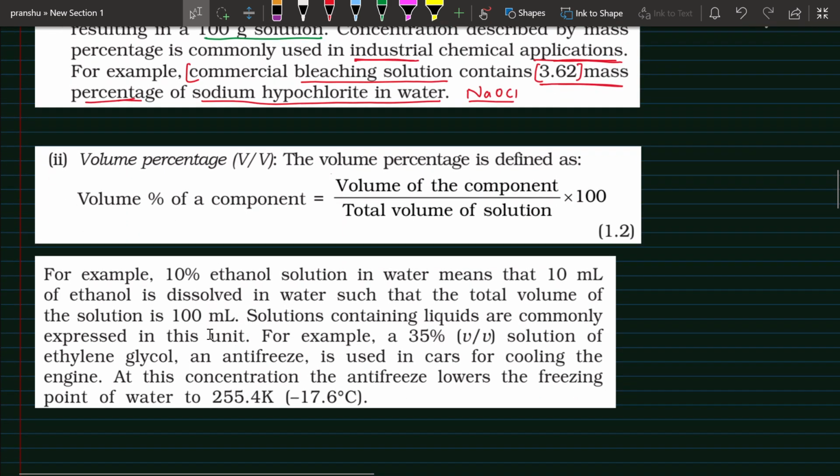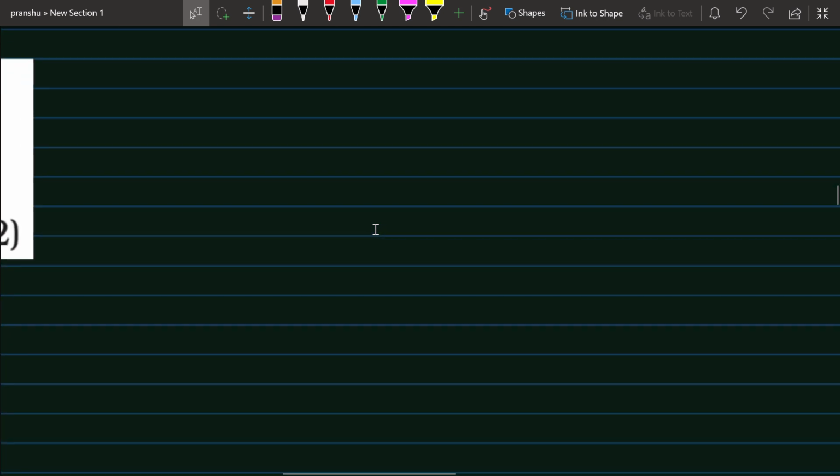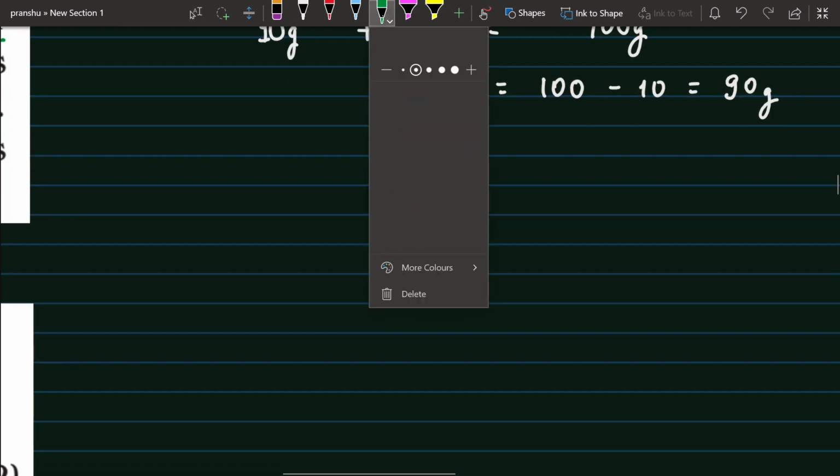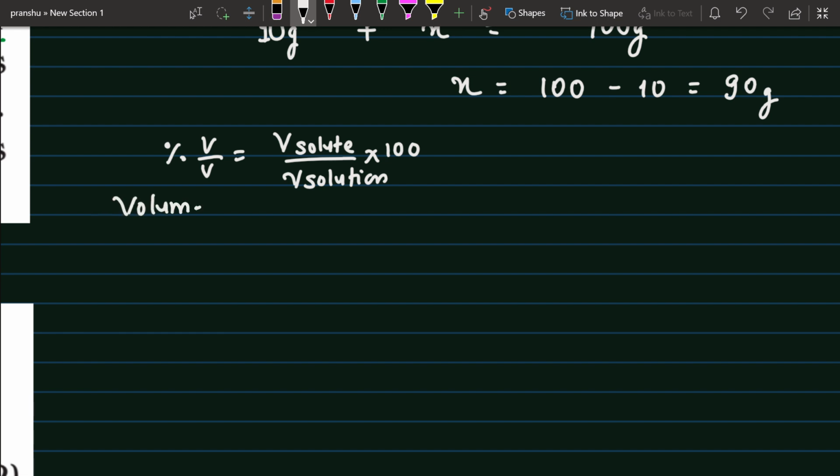Now the second term is percentage V by V. Percentage V by V is equal to volume of solute divided by volume of solution into 100. As we know, mass is an additive property, but volume is not an additive property.